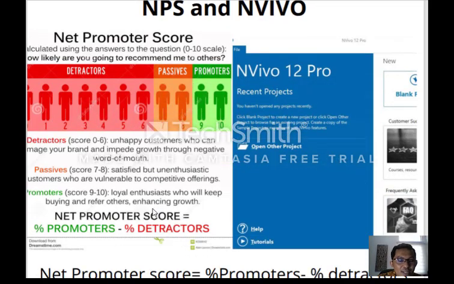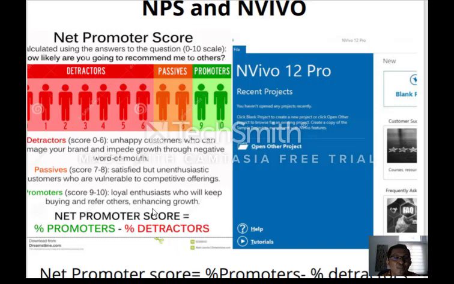Detractors, who choose a score of 0 to 6, are described as unhappy customers who can damage your brand and impede growth through negative word of mouth. Passives are categorized as satisfied but unenthusiastic customers who are vulnerable to competitive offerings.